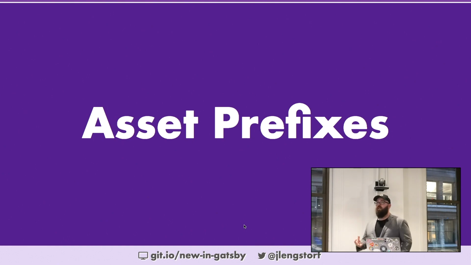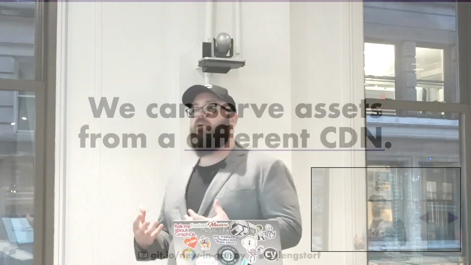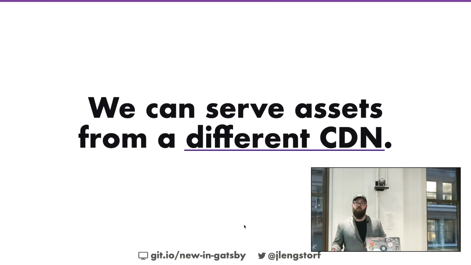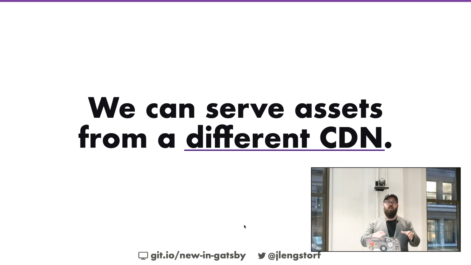And then the last thing, this is kind of like if you work on a big team or if you're dealing with legacy code, this is going to be a big deal. And that's why I'm showing it. If you don't work on a big team, then this is not a big deal. We can now support serving assets from a different CDN. So by default, Gatsby expects all of the assets to be compiled into a single folder and then served on something like Netlify.